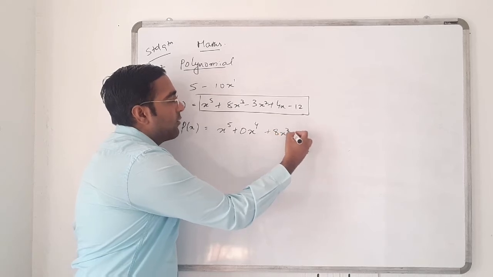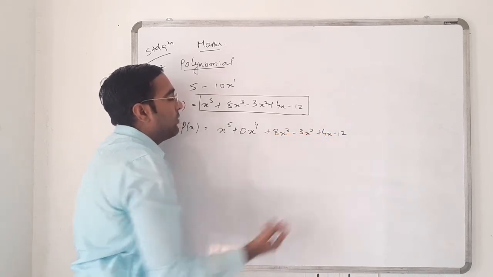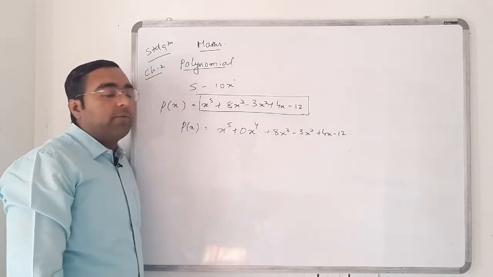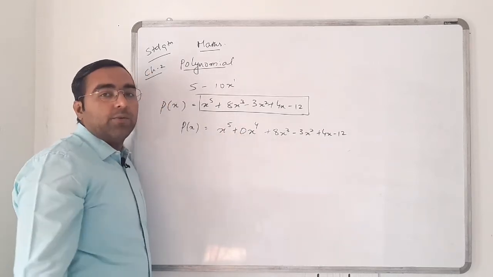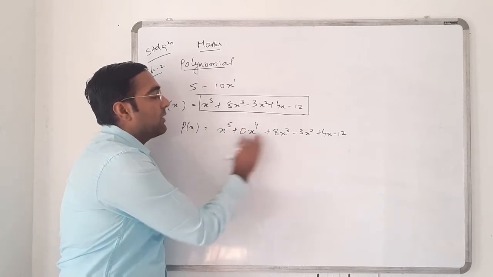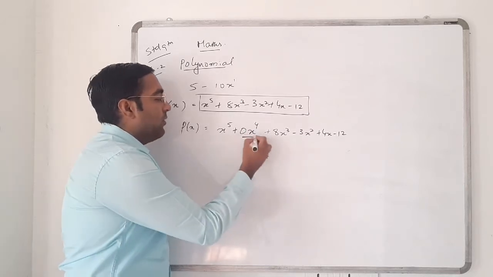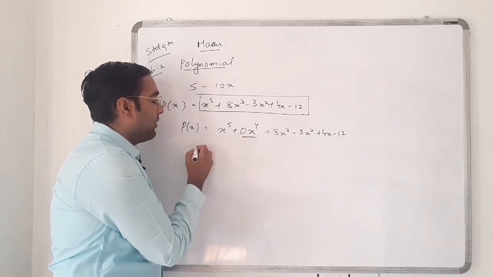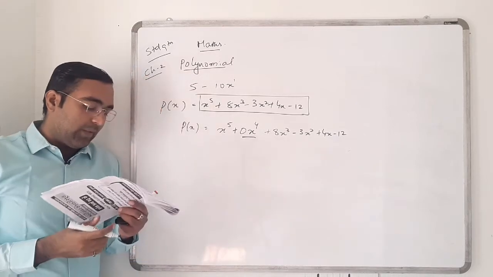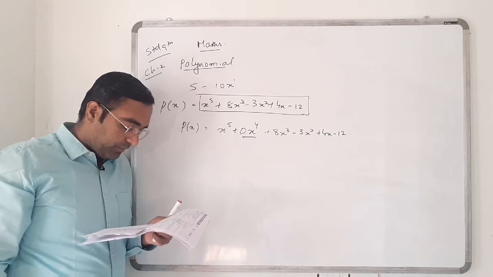My question remains the same, but we are adding x raised to 4 power with coefficient 0. If I remove this, my question is still the same. So the coefficient of x raised to 4 is 0, so the answer is 0.